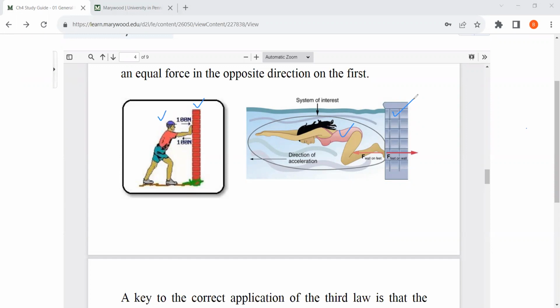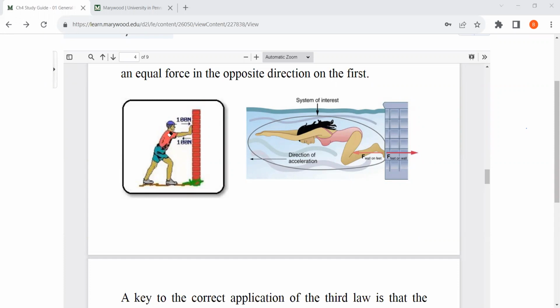One object exerts force on another object, and the second object exerts the same amount of force on the first object but in the opposite direction. That is Newton's third law. But with the weight and normal force, both are exerted on the same object, the textbook.